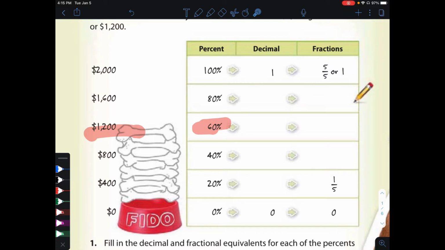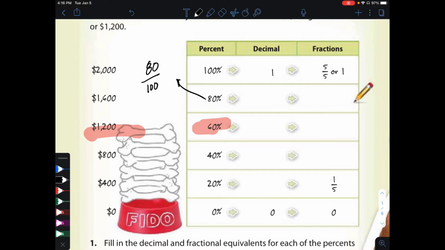Okay, so let's take a look at the second one, $1,600. It is also 80% of $2,000. As a percent, remember how we convert this into a decimal. 80%, as a fraction, is actually 80 over 100.